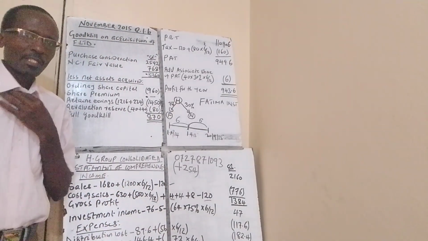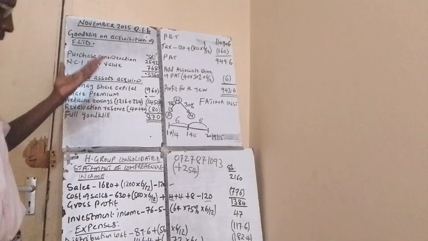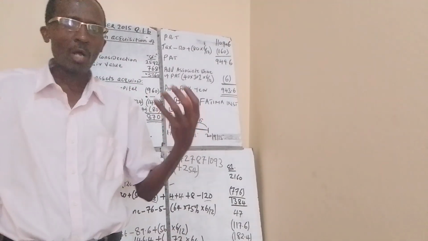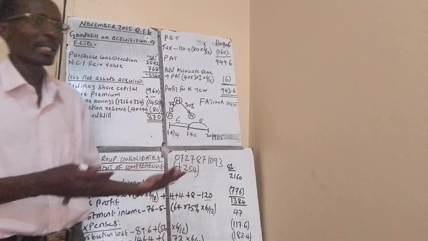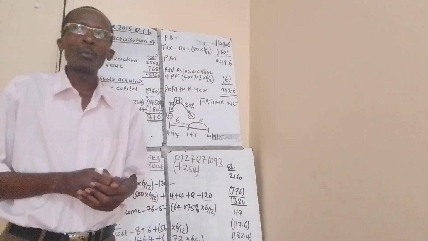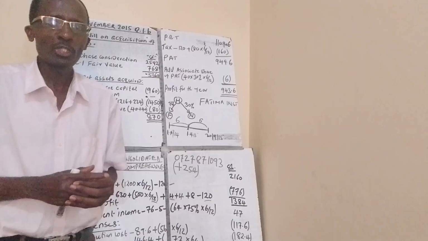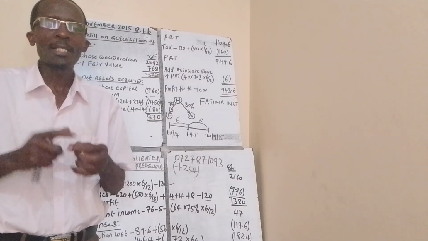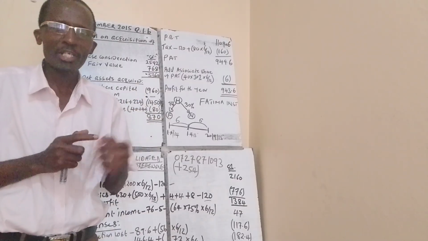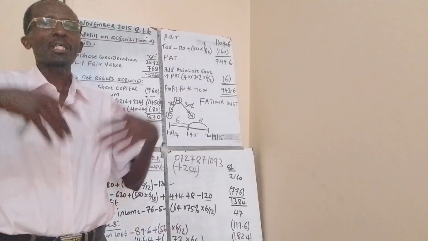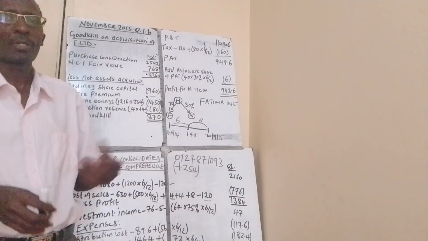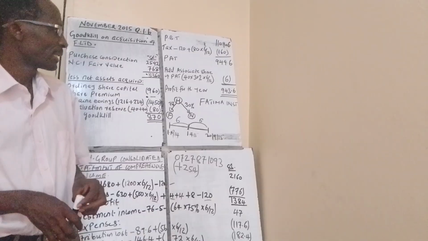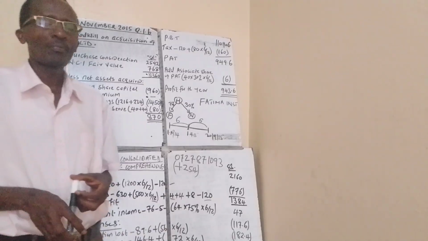So the next lesson that we will be taking, because I think you are able to know how to consolidate income statement and how to calculate goodwill, we will take a question which is to do with consolidation of statement of financial position. We also take foreign branches, how to prepare the books of foreign branches, and then that will be the end of group.